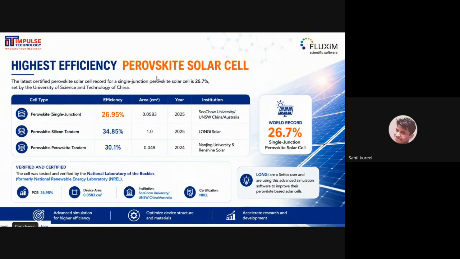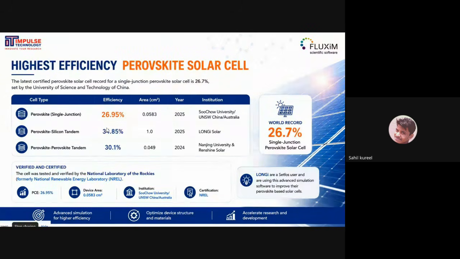Highest efficiency of the perovskite solar cells, like perovskite single junction solar cells, perovskite silicon tandem solar cell, and perovskite tandems. What is the area, year, and institutes? So, a number of companies or institutes are working on the SETFOS software.